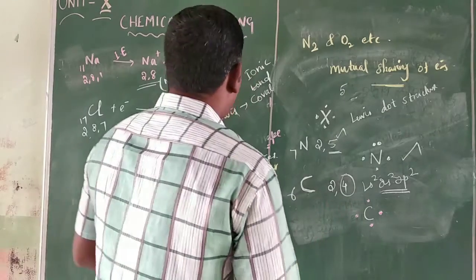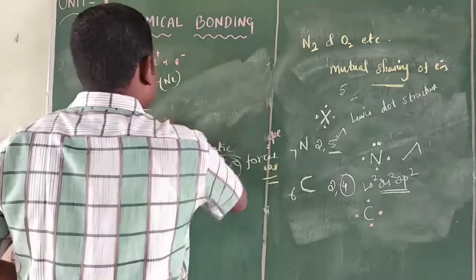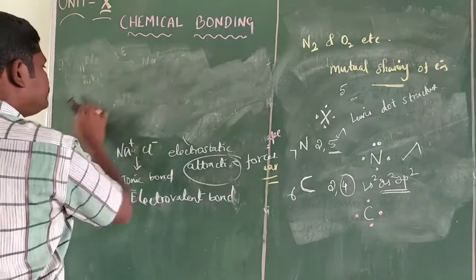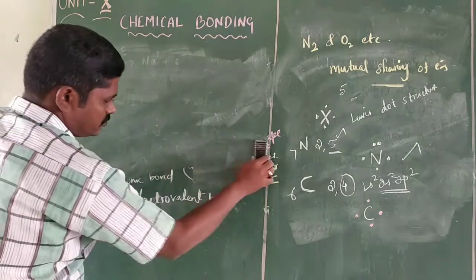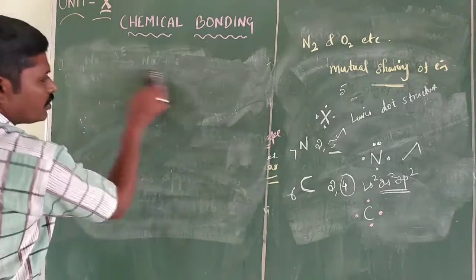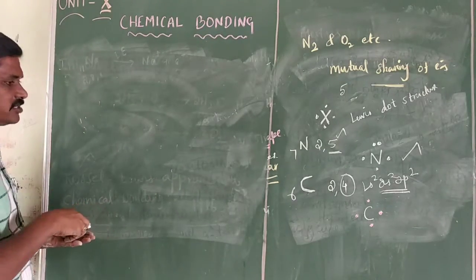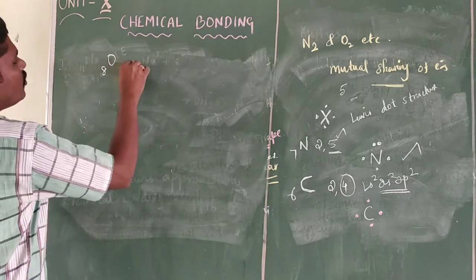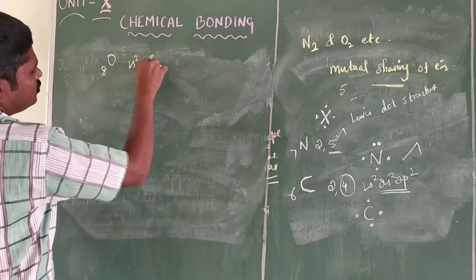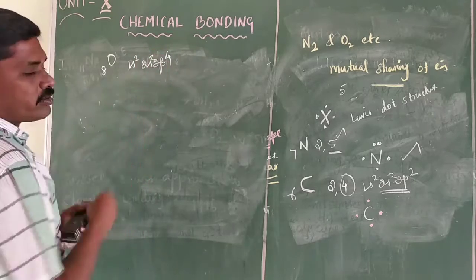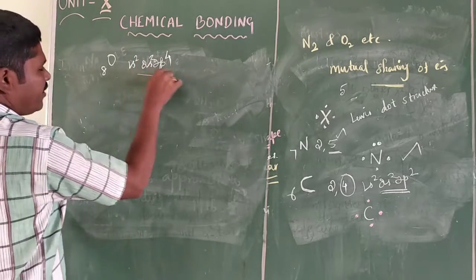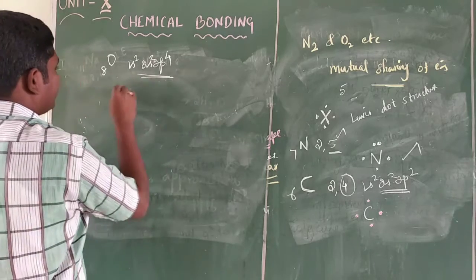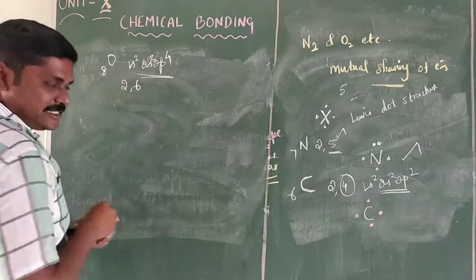Right? The next, oxygen. Oxygen O, atomic number 8, 1s2, 2s2, 2p4. The valence shell having 6 electrons, 2, 6.